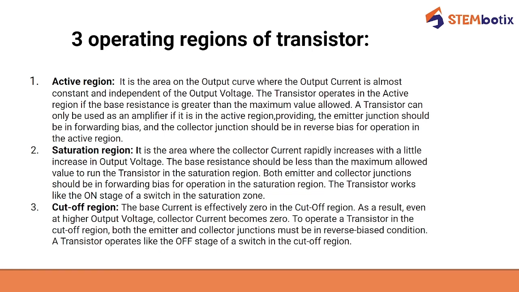And what happens in the cutoff region is the base current is effectively zero. As a result, even at higher output voltage, the collector current becomes zero. So, as we discussed earlier, to turn on the transistor, you have to have some amount of base current.